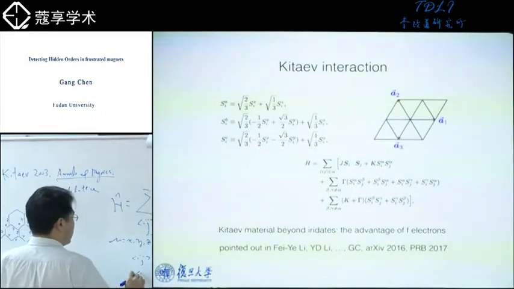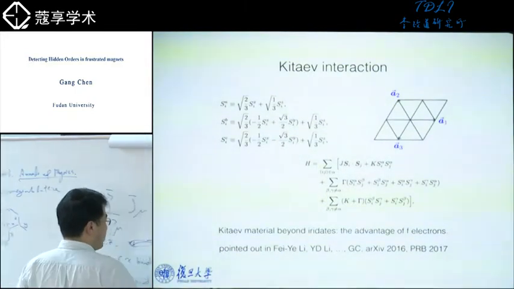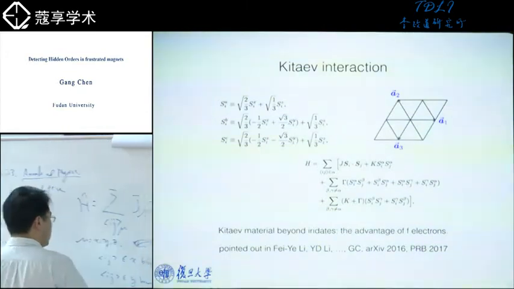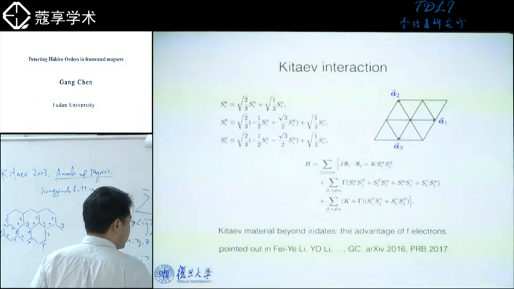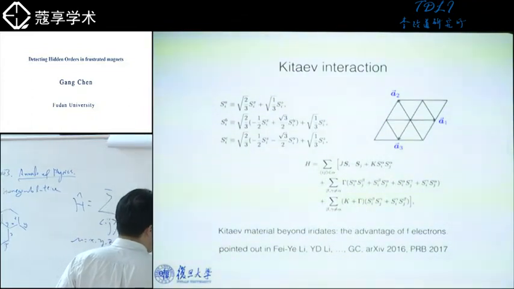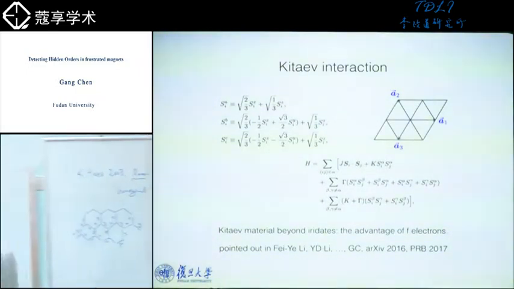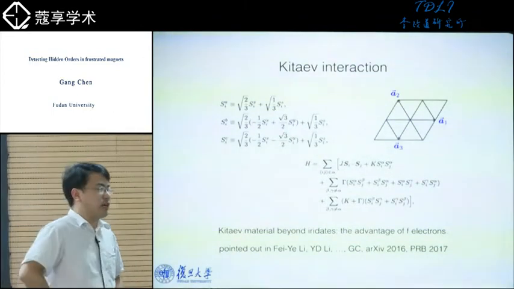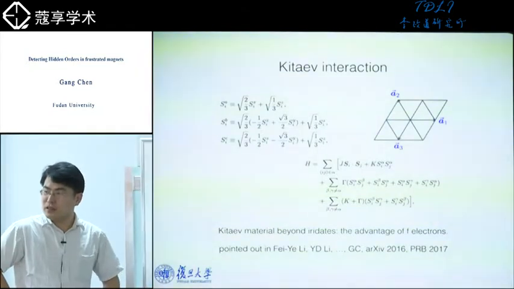For ij belonging to a y bond, that's Jy SySy. For ij belonging to a z bond, this is Jz SzSz. So it's a pairwise spin interaction, but the interaction is dependent on the bond. But apparently this model cannot exist in any material.